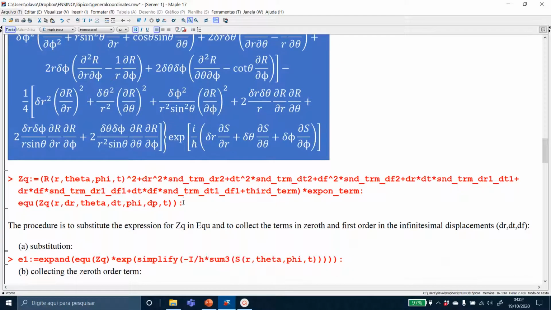Here I will show you the size of the calculation that comes when we substitute the characteristic function, which is here, in the equation for the characteristic function. And just as a way to appreciate this, look at the bar here when I put Maple to show the results. Look what happens here.